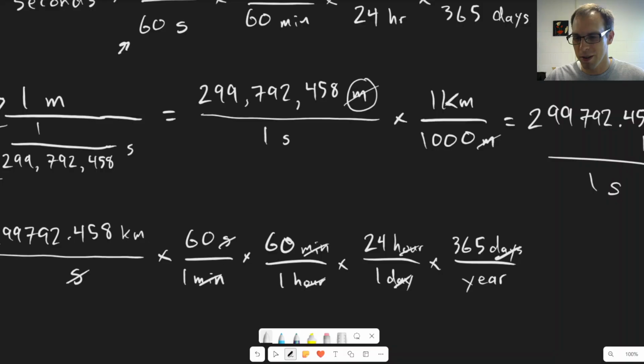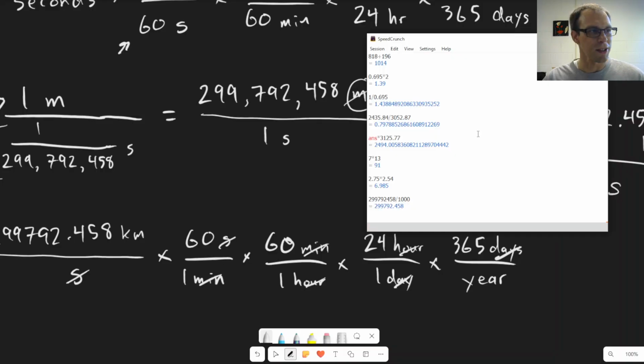And we will get something that's going to be very large, so we're going to express it in scientific notation. We have our value from before, 299,792.458, multiplied by 60, multiplied by 60, multiplied by 24, multiplied by 365.